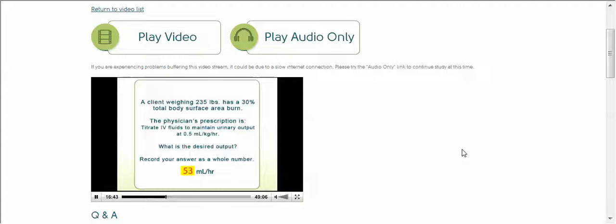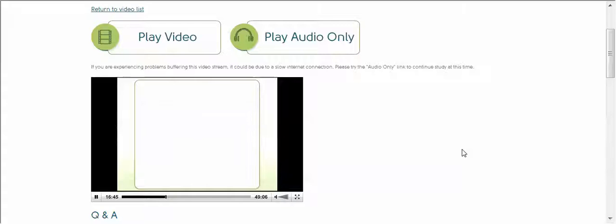So let's talk about how we got that answer. We know that there are 2.2 pounds per kilogram. So we divided 235 by 2.2 pounds per kilogram, which gave us 106.818181 kilograms. Now I know you wanted to round that big number off, but when do we round off? At the end.